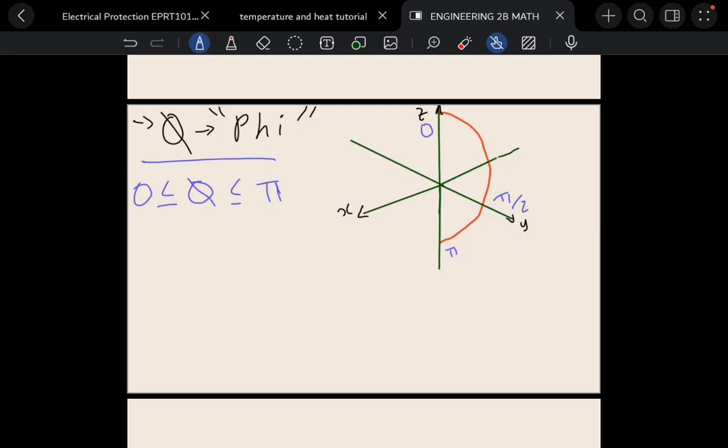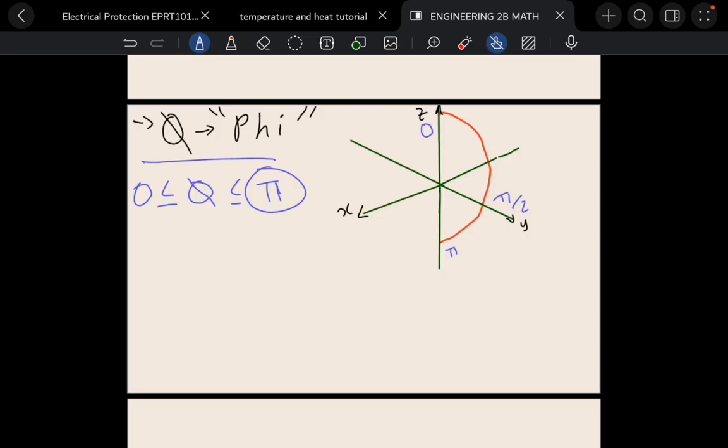Right? So, your value of phi is very important there. You always measure the phi value from the Z-axis to Z-axis, and your upper bound for phi is always going to be pi. I think that is clear, right?